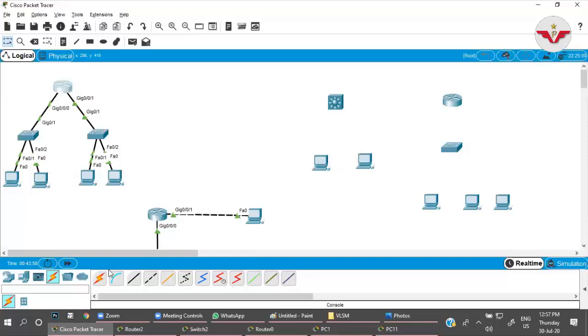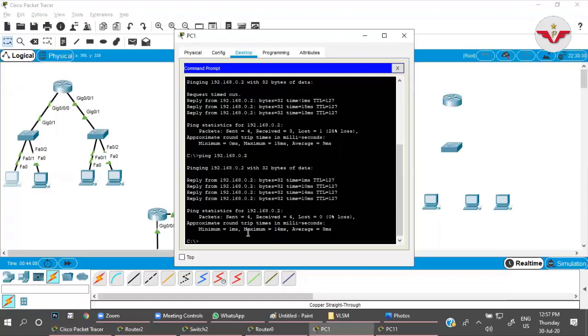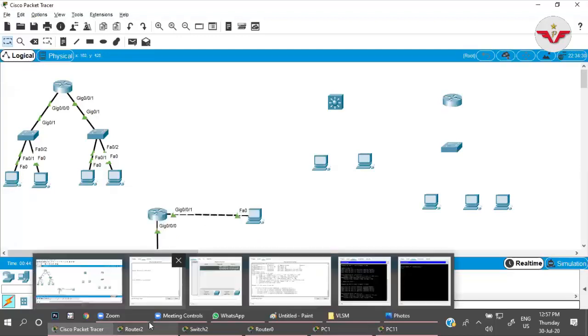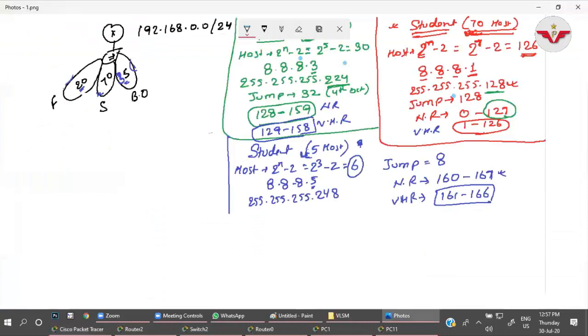Right now, can you ping from the faculty computer? Yes, I can ping. Let me try to ping this IP address, 130.27. If you check here, these two are completely different networks, right? Yes, correct.